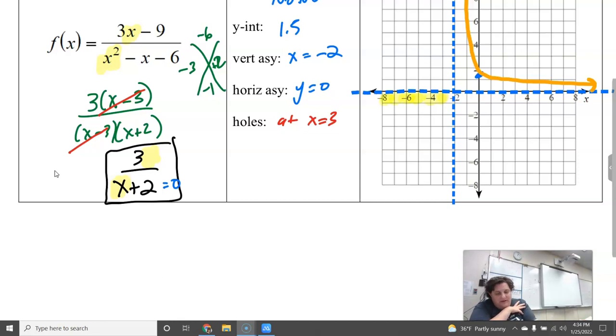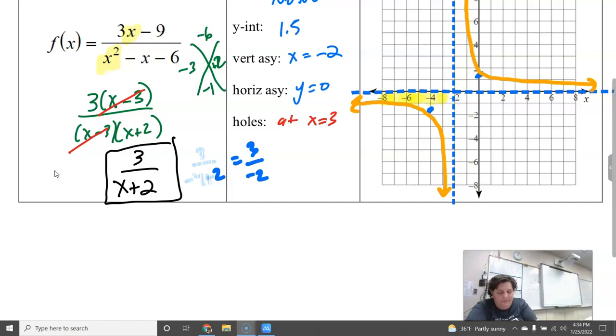I will plug in -4. So if I am plugging in -4 here, I will get 3 over -4 plus 2, which is 3 over -2, which is -1.5. Let's look right there. And so, yeah, it does come right down here, go that way.